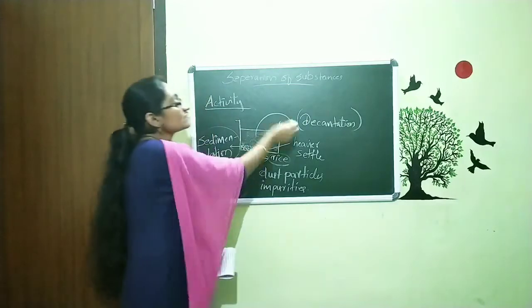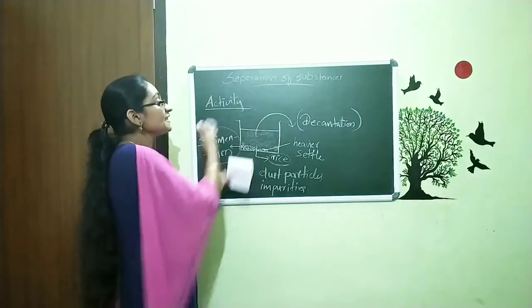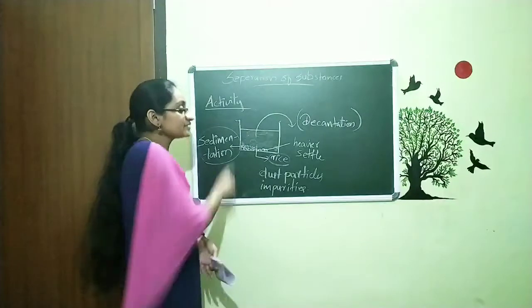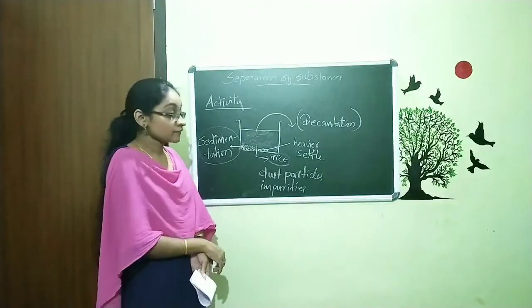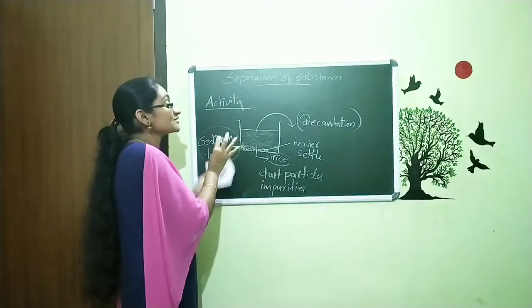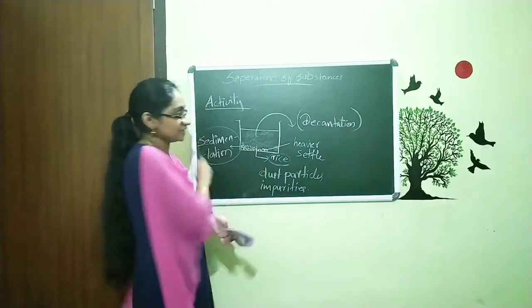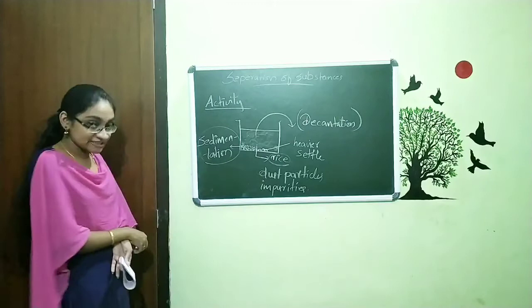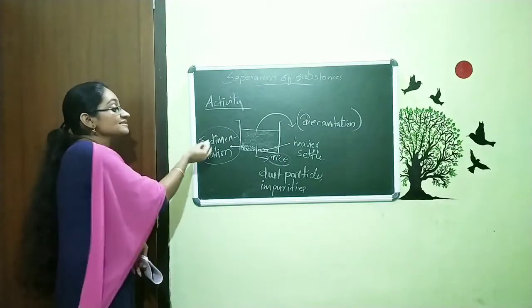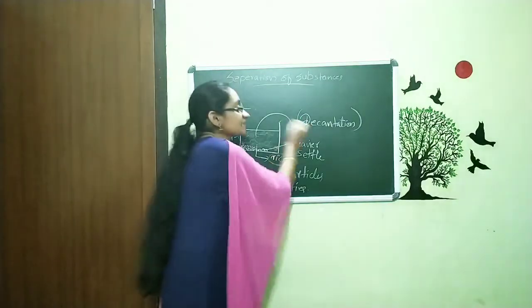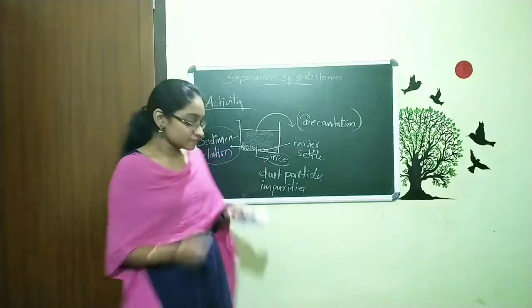So, this is decantation. By repeating this process, we can make this rice pure. Here our aim is to separate the rice from the dust particles and impurities. The two processes are sedimentation and decantation. I think it's clear for you.